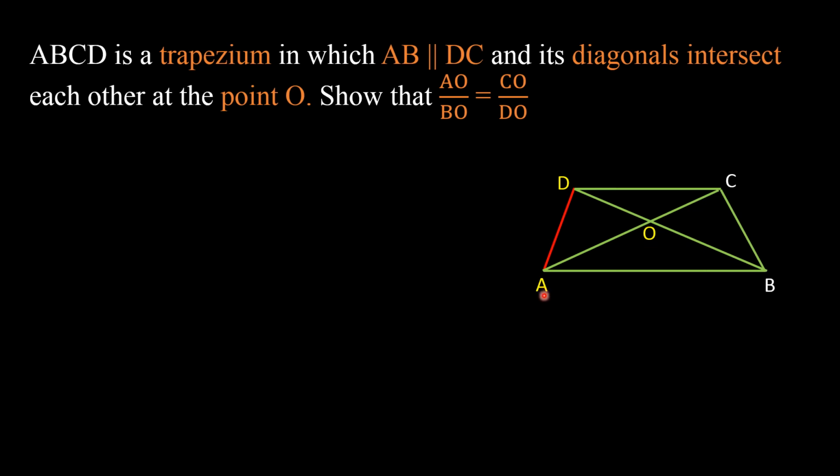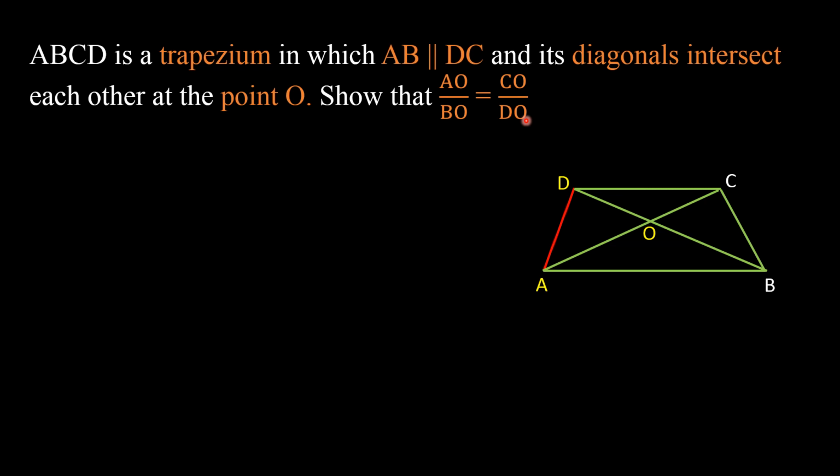In this figure, ABCD is a trapezium in which AB is parallel to DC and diagonals AC and BD intersect each other at point O. We have to show that AO divided by BO equals CO divided by DO. We have to prove it by using the basic proportionality theorem.